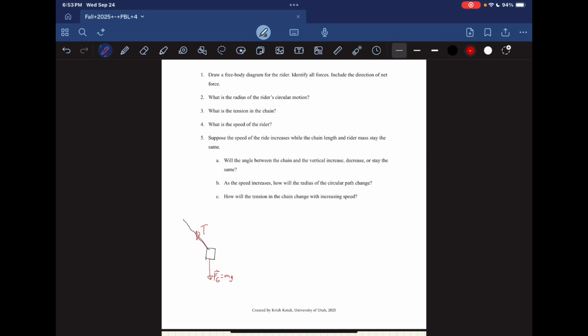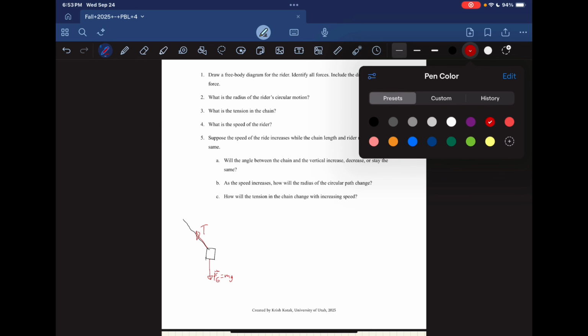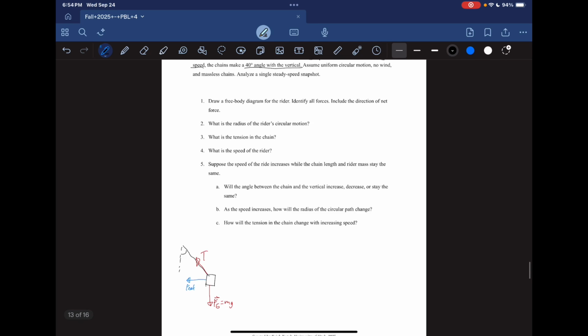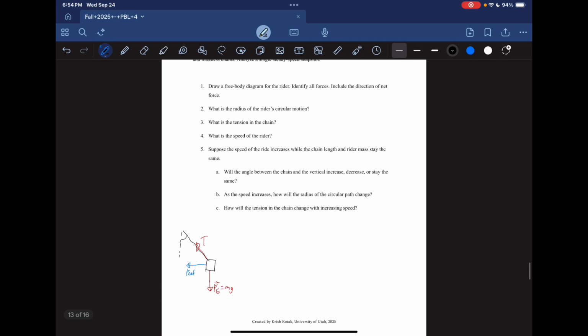The direction of motion, we'll do that in blue, or the net force in order to keep uniform circular motion is in this direction. And then this angle here is the angle from the vertical, because here is vertical. We'll just plug in the actual angle, which is 40 degrees. So that's question 1.